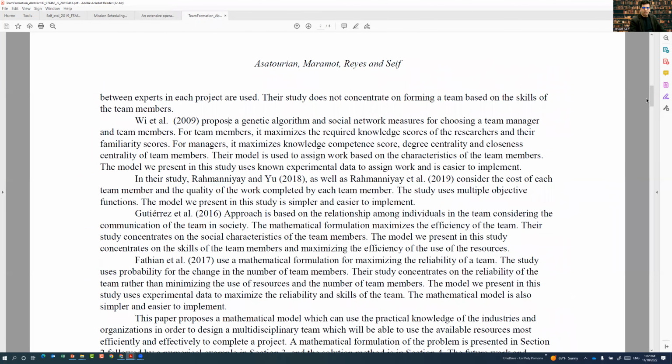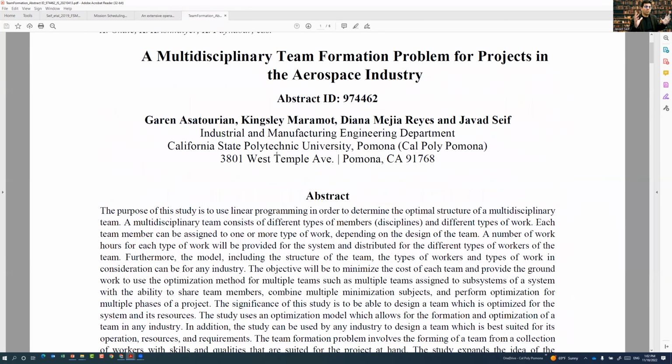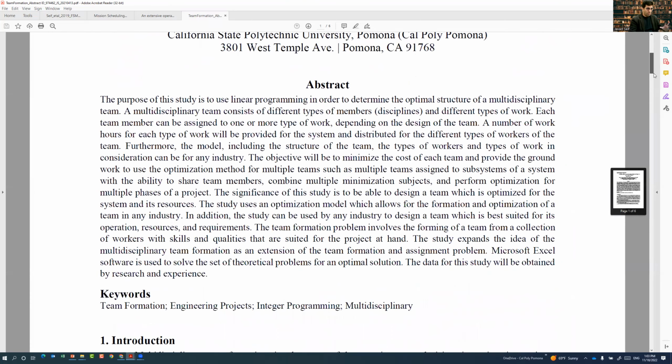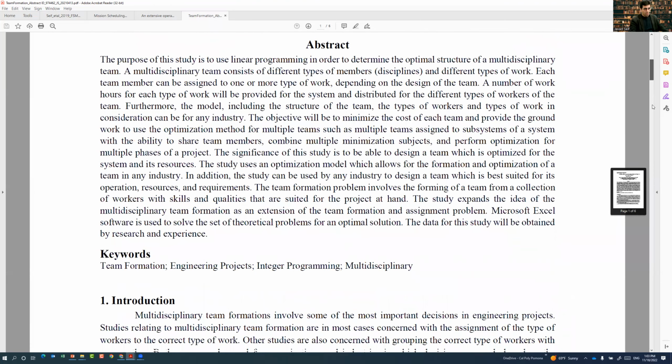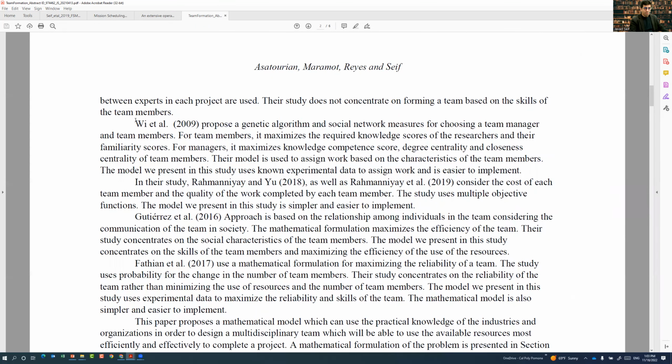For example, here, this paper written again by my students is about multidisciplinary team formation for projects in the aerospace industry. It's basically a mathematical optimization problem for team formation, choosing a set of people from a pool of candidates that optimizes some objective function. So here, as you see, other papers are mentioned.